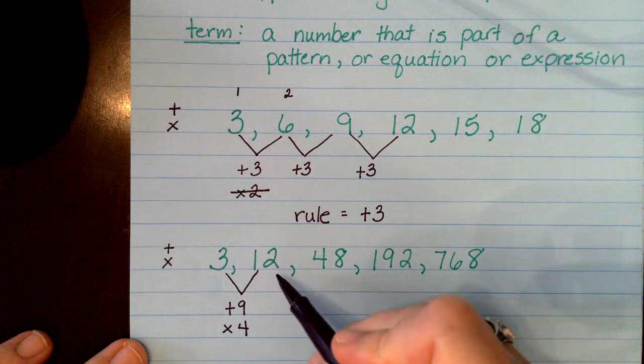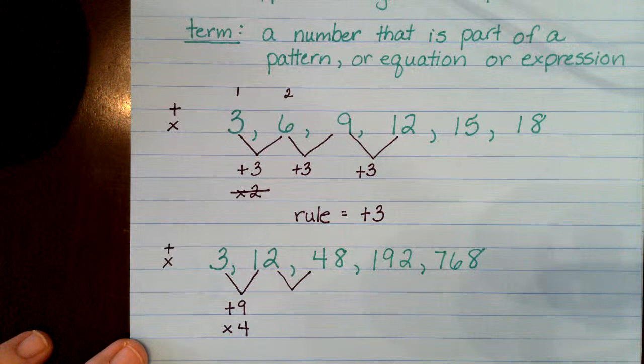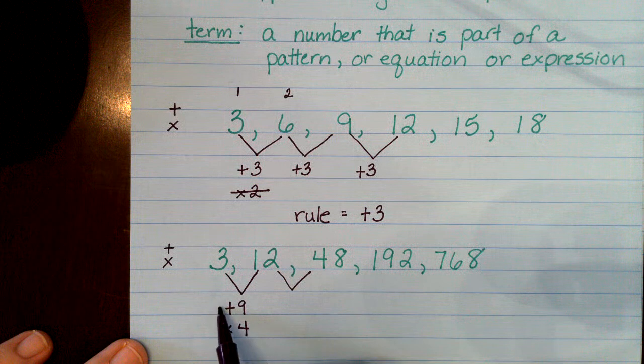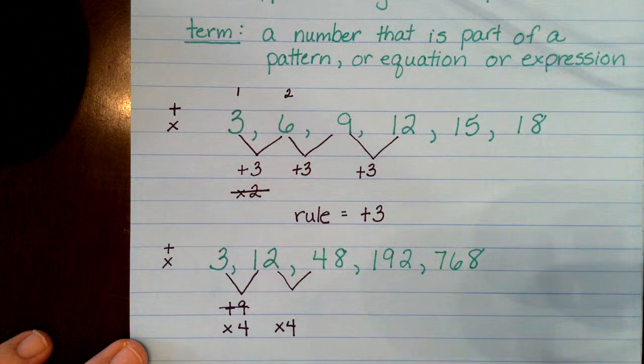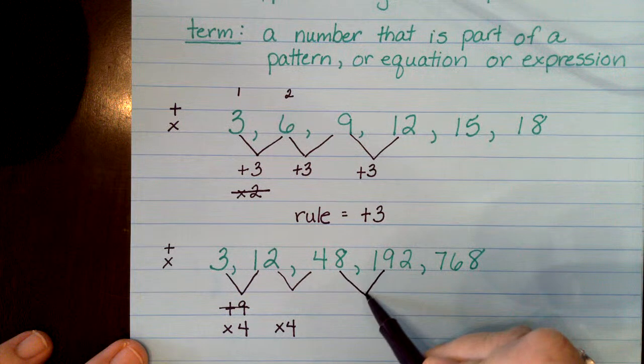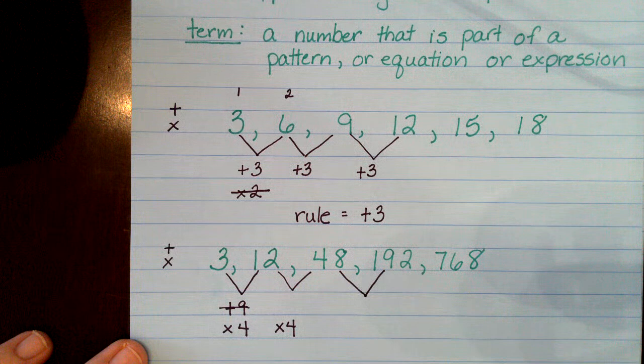Now we have to look at the second term to decide what the rule for this pattern is. If we add 9 to 12, the next term would be 21. So plus 9 is not going to work for this pattern. So I think it's going to be times 4 because I know that 12 times 4 equals 48. Now I'm going to look at the next term. I know for sure that 48 plus 9 is not 192.